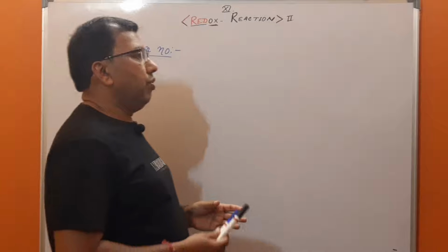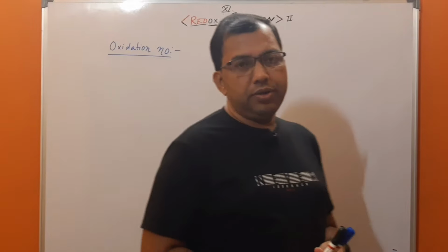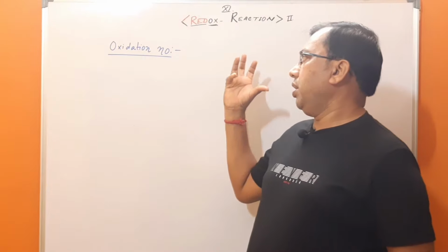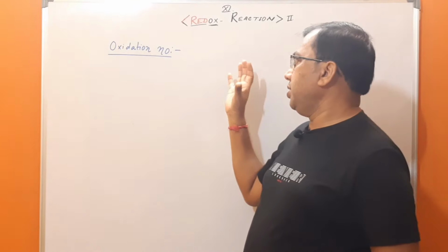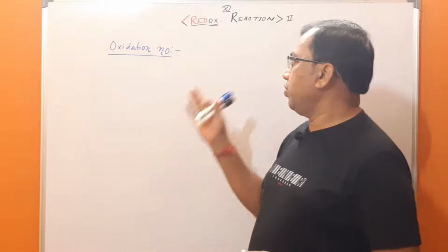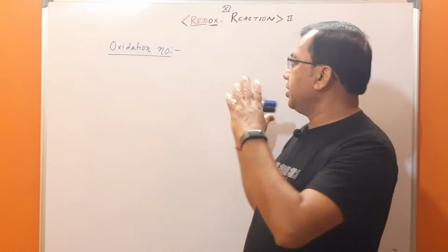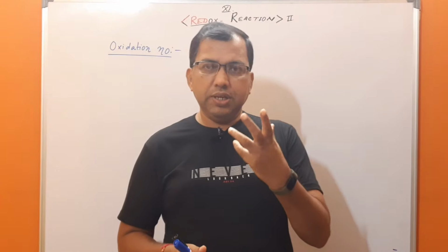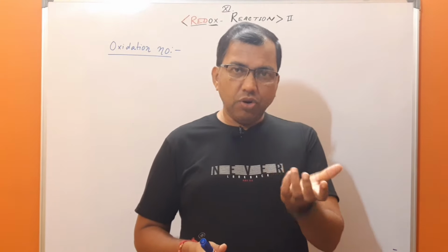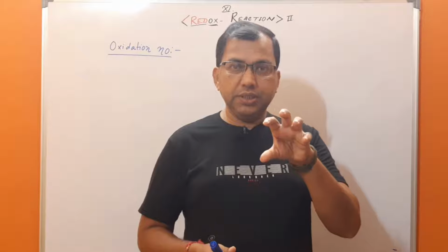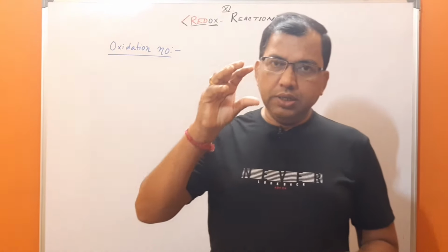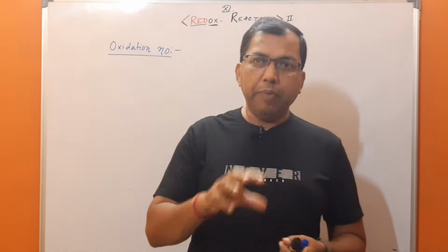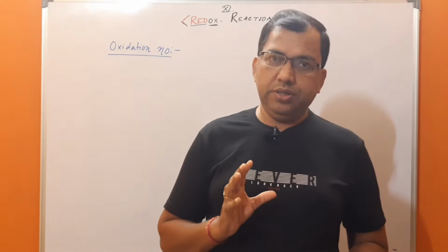What is oxidation number? The oxidation number of an atom or ion in a species is the actual charge it has or appears to have. Oxidation number of an element in a given species is the charge actually present or appearing to be present on it.